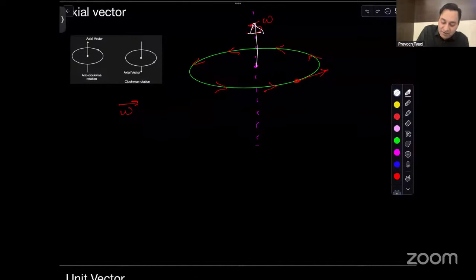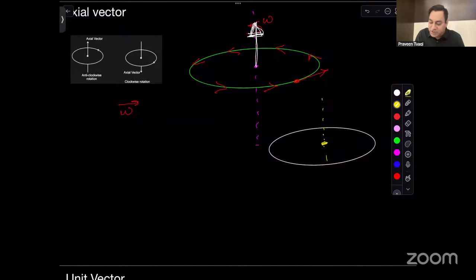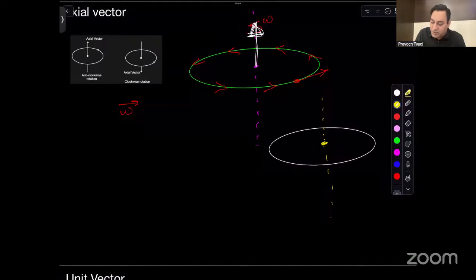If this is the direction of angular velocity for this motion, suppose the same circular motion was happening in the opposite direction. Suppose the body was rotating around this axis of rotation in this motion. Now try to use your right hand thumb rule.